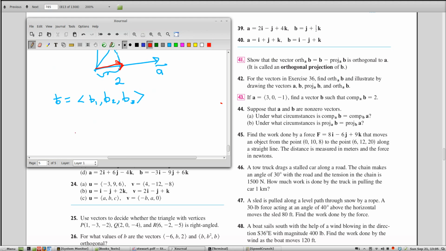So one solution is we'll just do C times the norm of A. So we're trying to find some C so that C times A normalized has magnitude equal to 2. We're going to solve this for C.